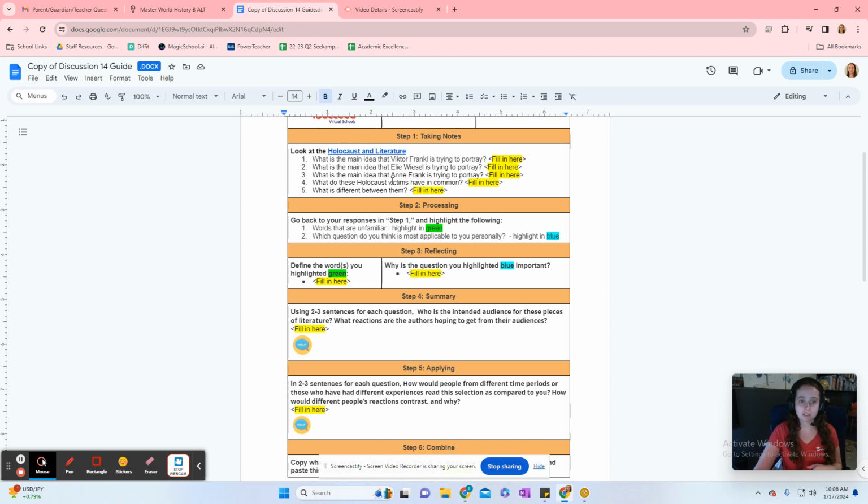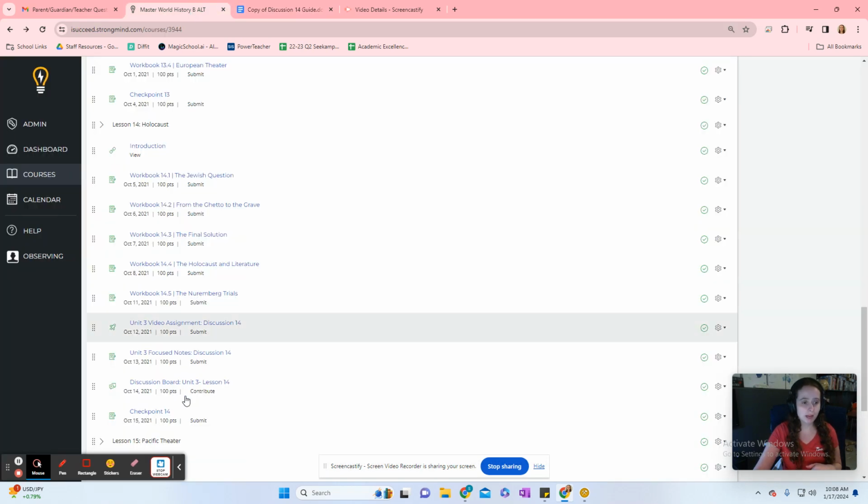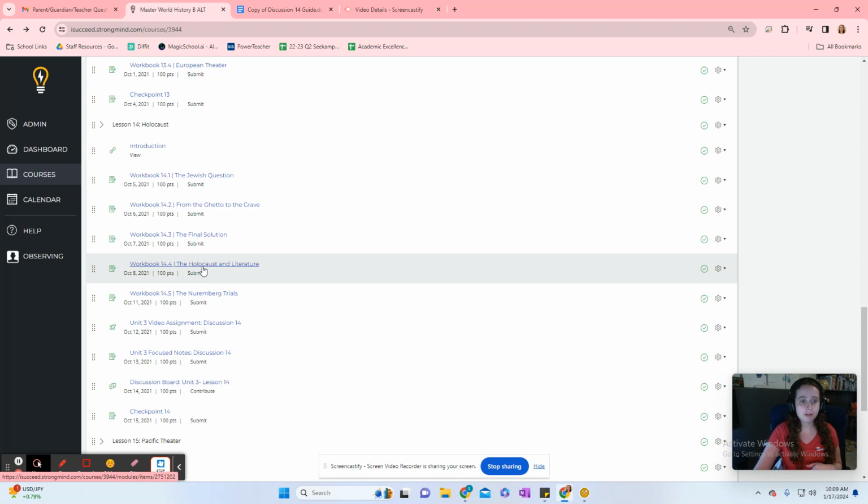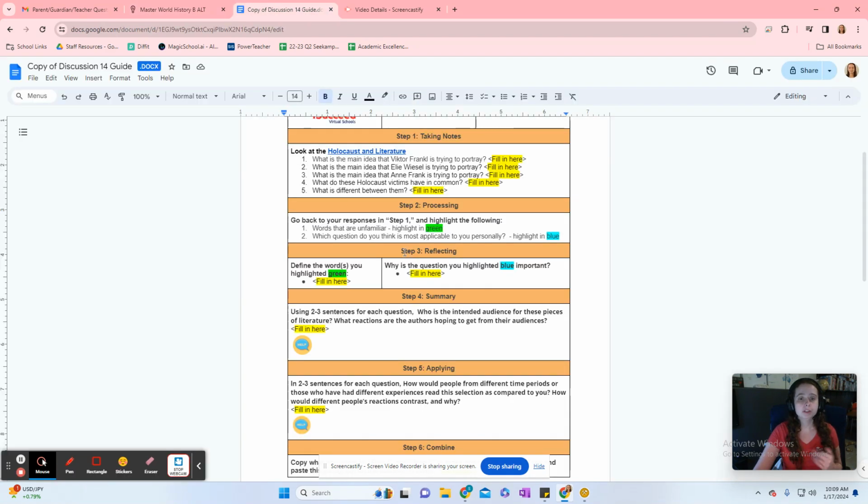That discussion guide looks like this. Essentially, there is a page right here, the Holocaust in literature. You'll learn about 3 different writers who were in the Holocaust in concentration camps.